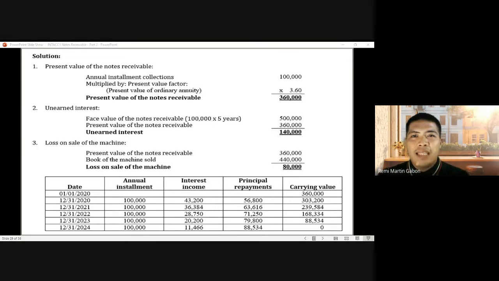Here, it is non-interest bearing. If the principal amount or face value has no interest, then we can divide it by the number of periods, and the principal payments will be equal.